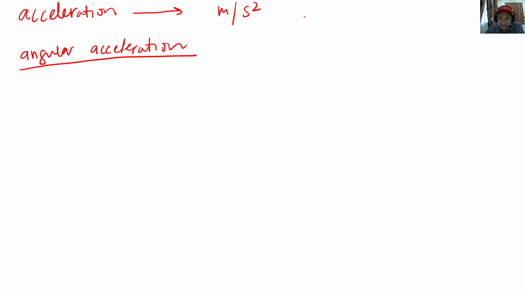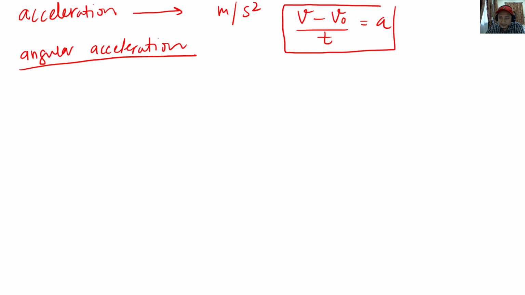So linear acceleration is actually the difference in velocity: V minus V original over time. This is your A, or your acceleration. When you're looking at angular acceleration, it's no longer this, but it is almost similar.